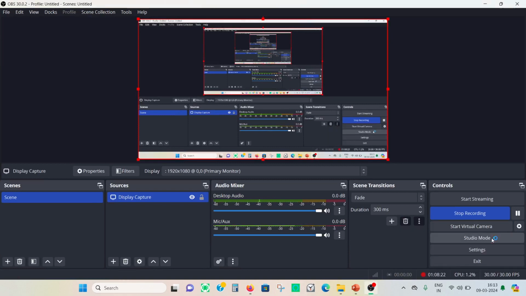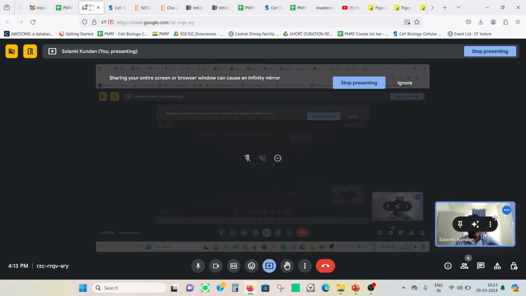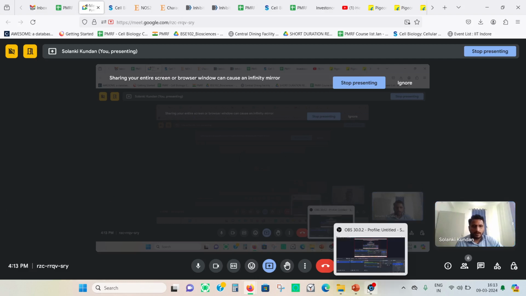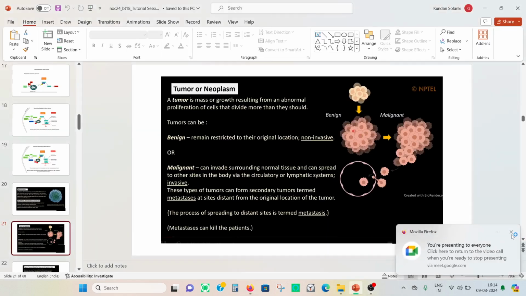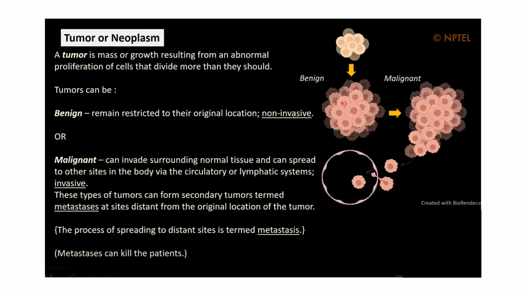Just cross-check again whether it is good or still echoing. It's perfect now. Okay. Because without charging it will shut down.